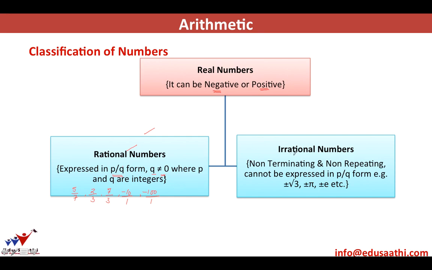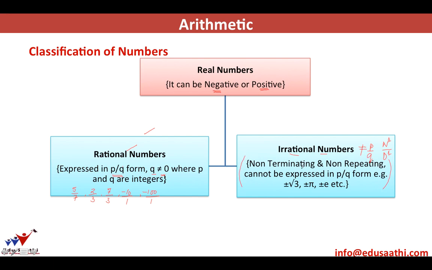It could be negative or positive, where my denominator should not be equal to 0, is a rational number. Talking about irrational numbers, by definition, they are numbers that cannot be expressed in the form of p by q. That means they cannot be written in a form which is numerator over denominator. For our understanding purposes, we'll remember only this thing for irrational numbers.